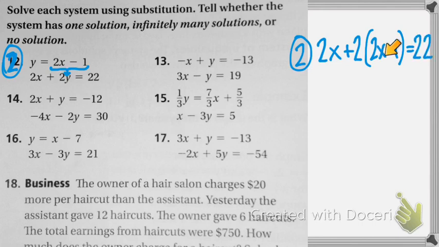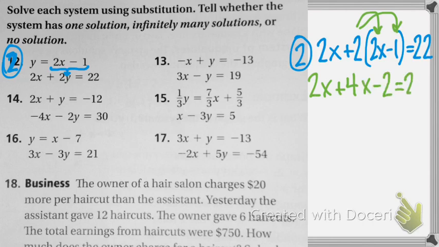And then you're just going to solve that. If you have two variables, you have to get them together. If a variable's inside parentheses, you have to distribute to get rid of the parentheses. This is stuff I've already told you in a review video. I don't expect you to remember everything I say to the T, but I'm hoping maybe some of this jogs your memory. So I distributed and I got 4x minus 2.